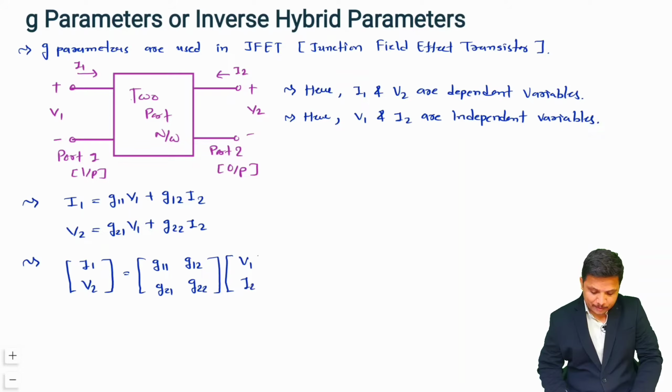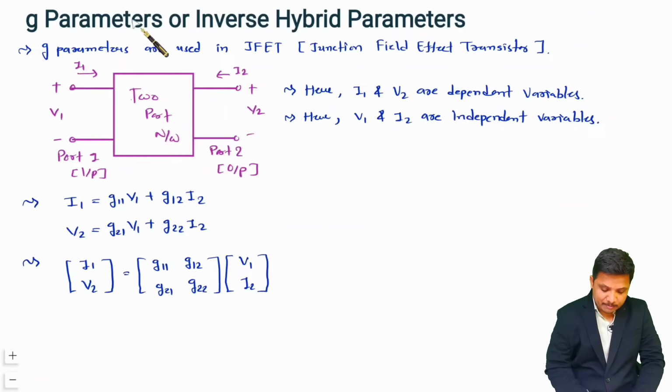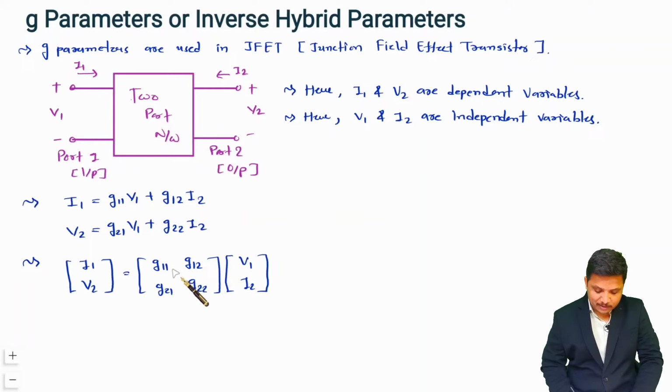That is how we can represent G parameters in matrix form: I1 equals G11 V1 plus G12 I2, and V2 equals G21 V1 plus G22 I2.